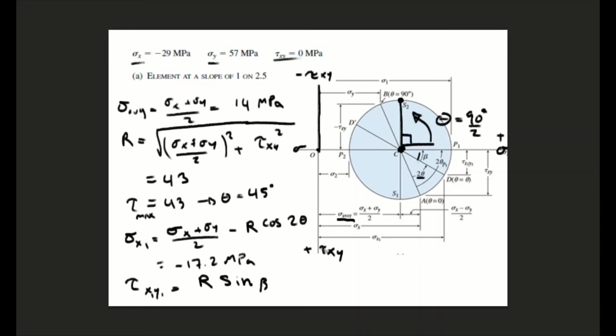We notice right here, this is beta, which is just our 2 theta. So that is going to be our 43 times sine of 43.6. Okay? So if we solve for that, we just get 29.65 megapascals. And that is how you do that problem.